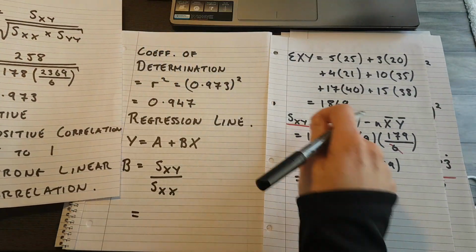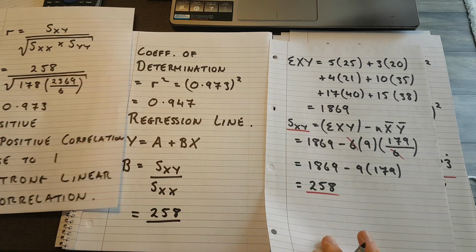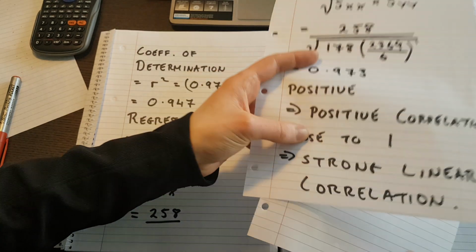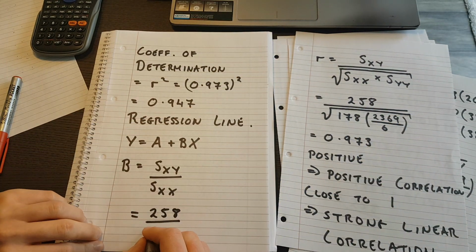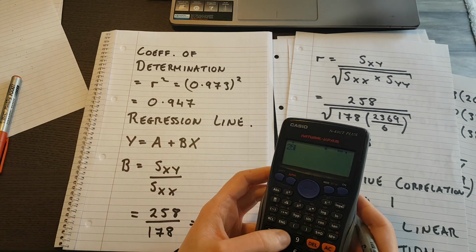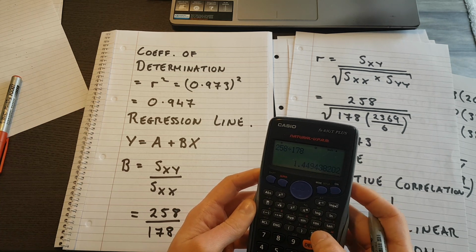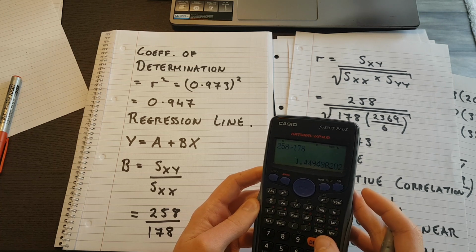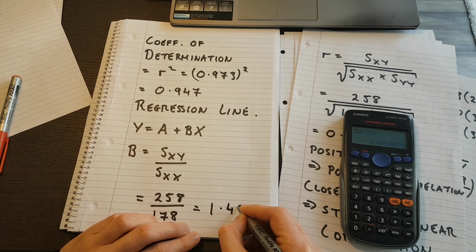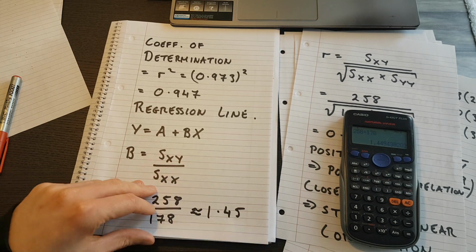S of X with Y was 258. My S of X with X, you can actually see it right here, is 178. So I have 258 divided by 178. That gives me a B of about 1.449. We'll call that 1.45. Just 2 decimal places is okay. 1.45.